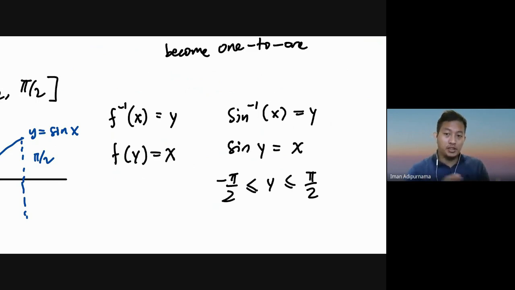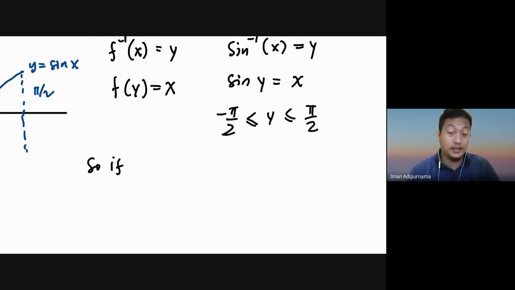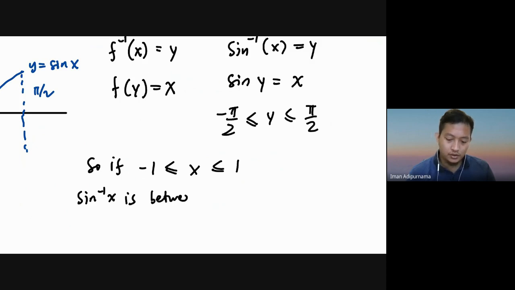Remember that the range becomes the domain, right? For the x value, remember that sine has maximum and minimum values of 1 and negative 1, right? So negative 1 less than or equal to x less than or equal to 1, and sine inverse x is between these values.